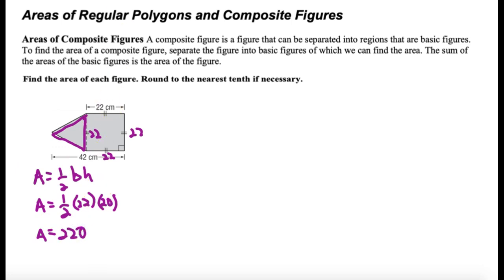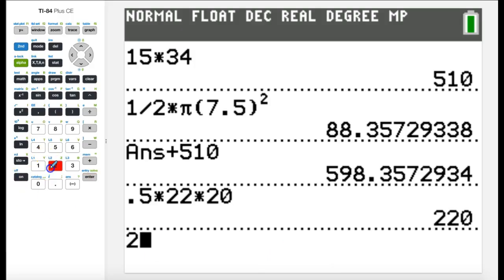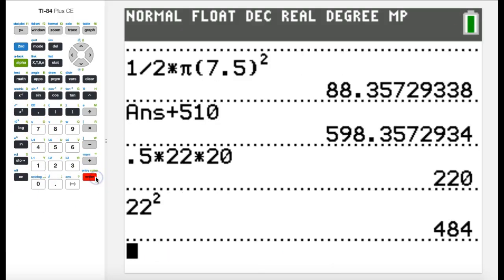Then the area of the square is pretty straightforward. It'll just be 22 times 22, and 22 times 22 is 484.